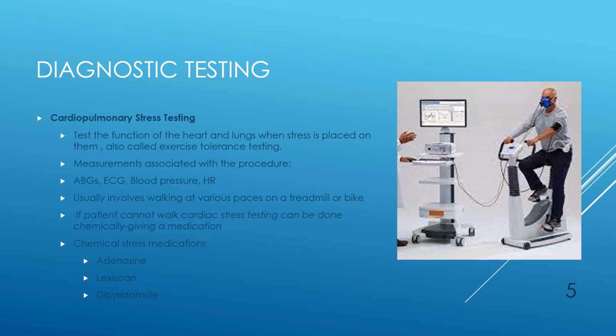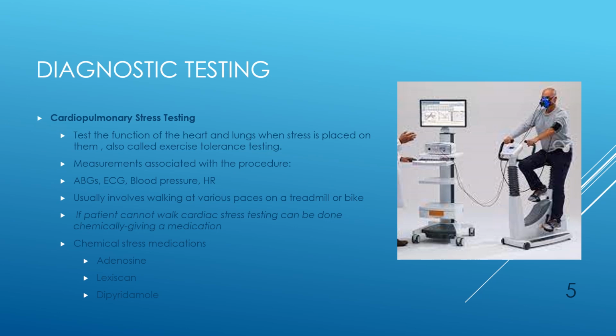Now, when I took the exam, there was a question about this, saying that the patient could not walk on a treadmill due to some kind of hip surgery, but they really needed to determine their exercise tolerance. There are certain conditions where you could do cardiopulmonary stress testing by chemical induction.